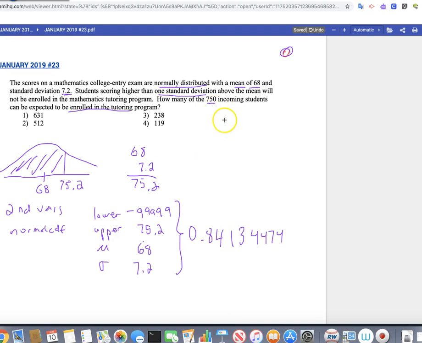So we take 750 and multiply it by this decimal, which is the decimal equivalent of the percent of students who are going to be in the tutoring program. We get an answer of 631, which is choice 1, and thus the answer to this particular problem.